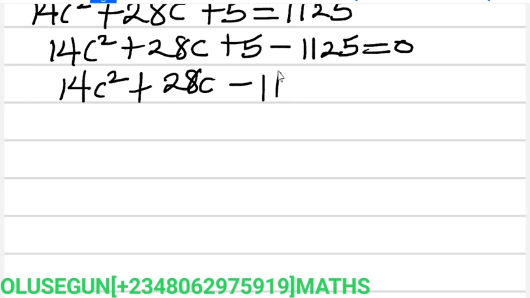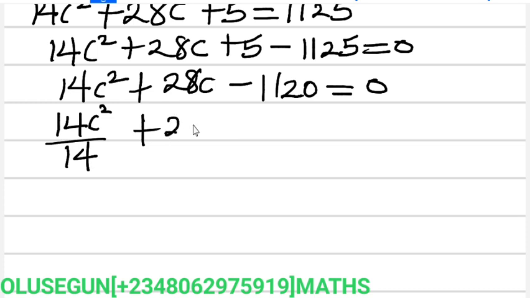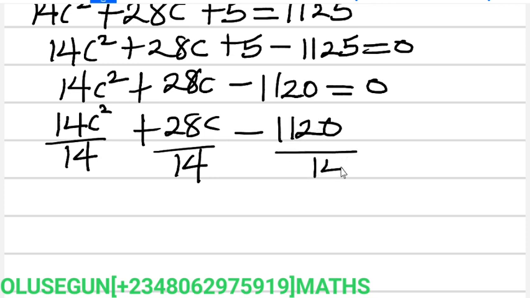By the time you subtract 5 from 1125, it will give you 1120, which is equal to 0. So let's try to divide all through by 14: 14c squared plus 28c divided by 14 minus 1120 divided by 14 is equal to 0.